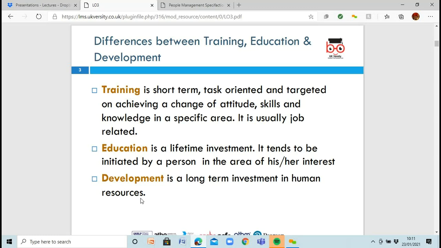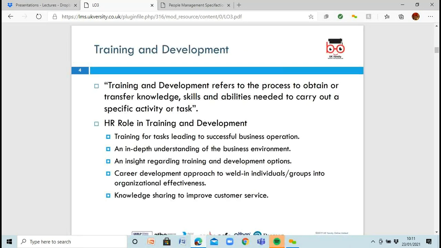Education is a lifetime investment, so this is normally initiated by yourself and it's normally within an area that is of interest to you. And then development is a long-term investment. So you're spending a lot of time into developing your own human resources. So that was the difference between training, education, and development.